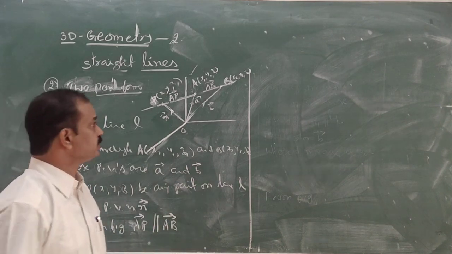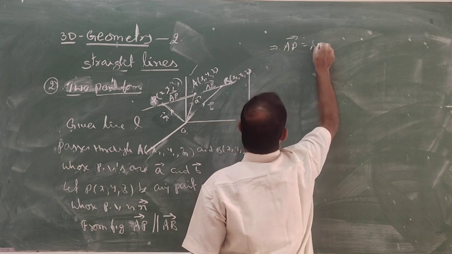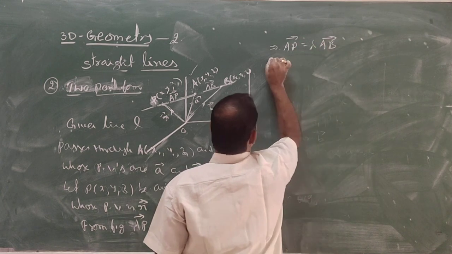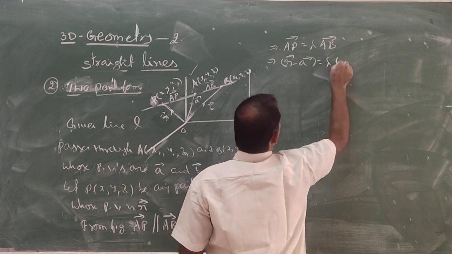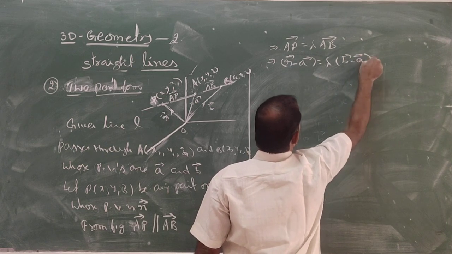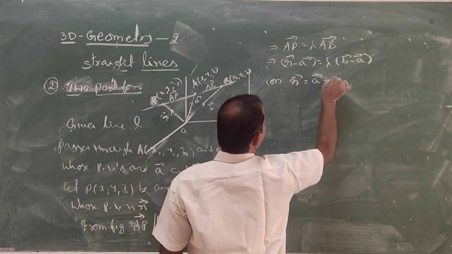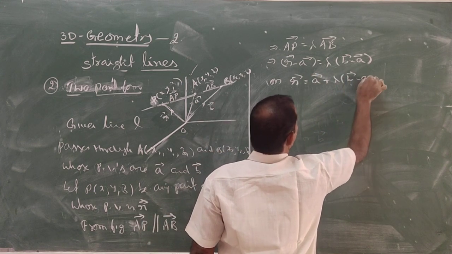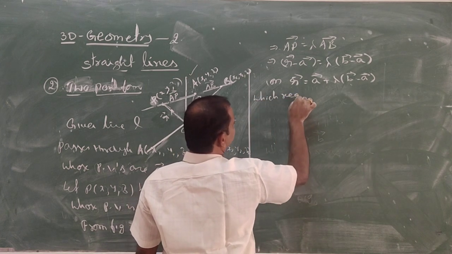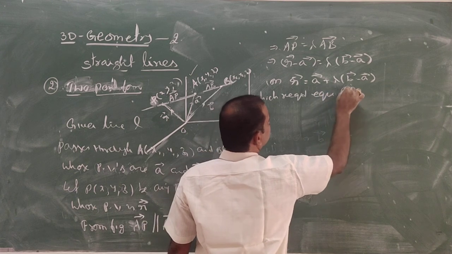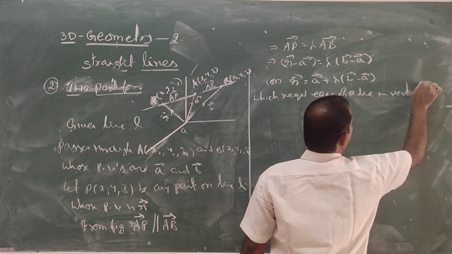AP is parallel to AB, which implies AP is equal to lambda times AB, which implies r minus a is equal to lambda times (b minus a), or r is equal to a plus lambda times (b minus a), which is the required equation of a line in vector form.